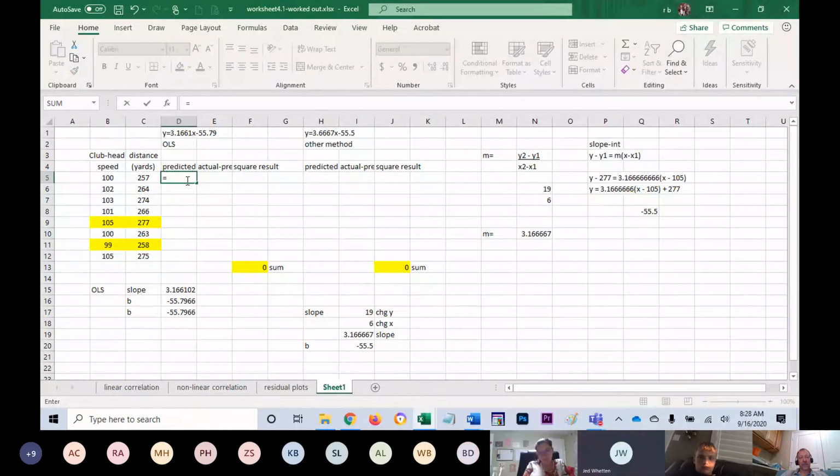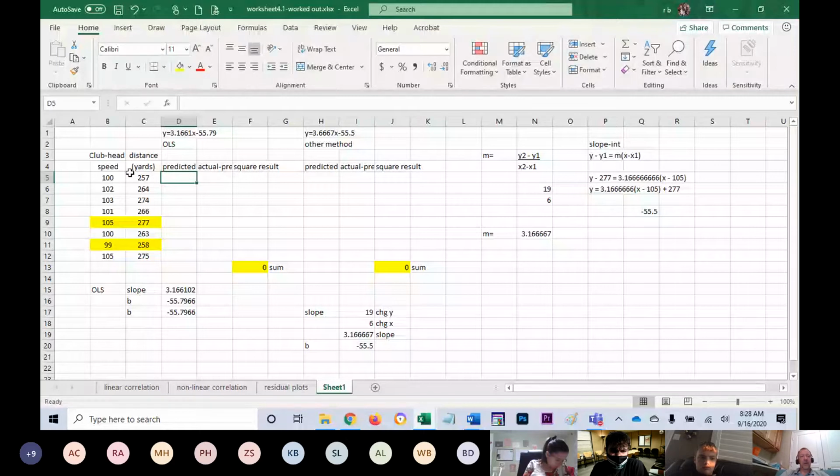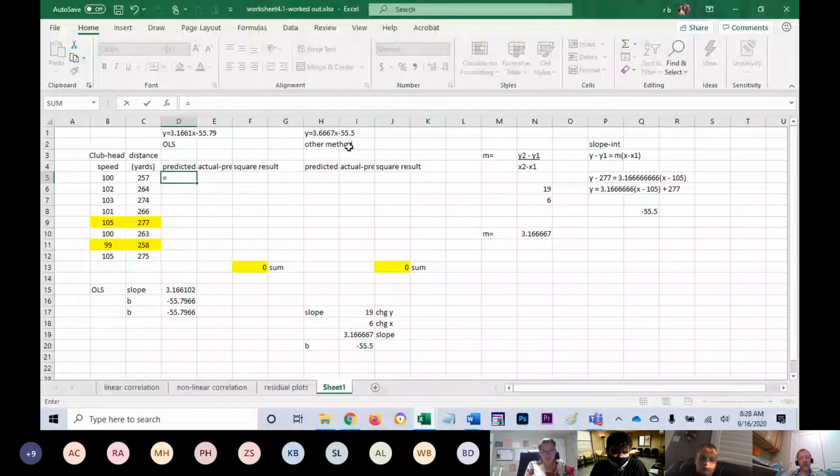Honestly, I'm trying to catch up in the textbook right now because I feel like for 5 minutes I got a little lost, so I definitely cannot tell you that. Okay, all I want you to do is plug 100 into this equation, and we're going to see what the difference is between the 257 and what I get if I plug 100 into this equation. So you would plug 100 into the x, is what you're saying? Right.